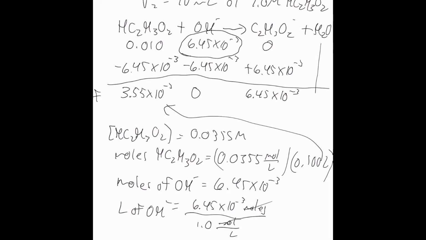Right, so my moles will cancel. We'll divide that by 1 liter. We're left with 6.45 times 10 to the minus 3 liters, which is the same thing as 6.45 milliliters.